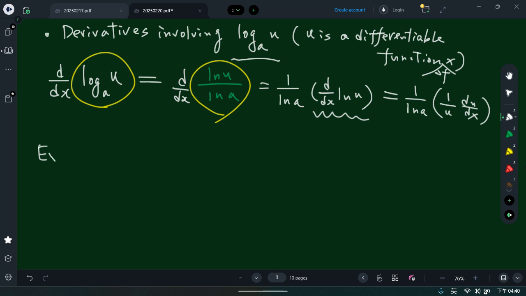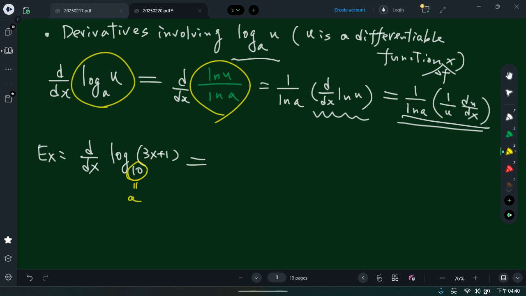So here is an example: if I ask you to differentiate log base 10 of 3x plus 1, then following this, the base a here is 10, and u here is 3x plus 1. So the result will be 1 over ln 10, times 1 over u, where u is 3x plus 1.